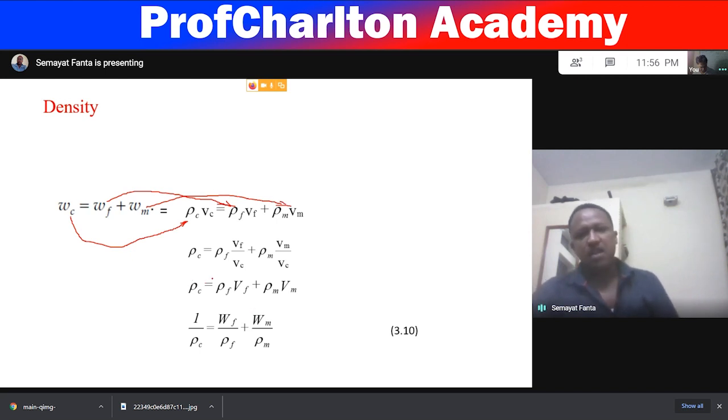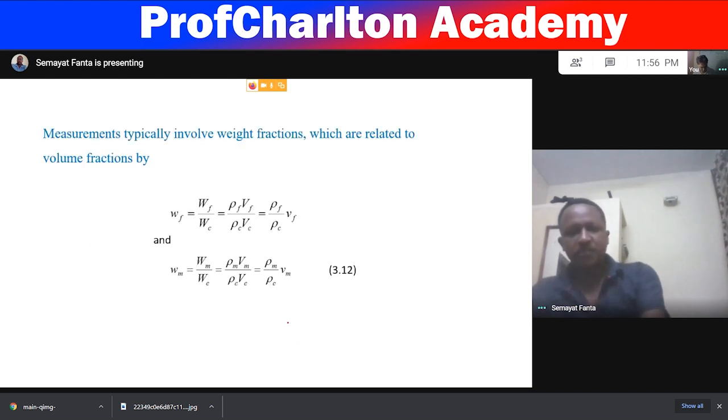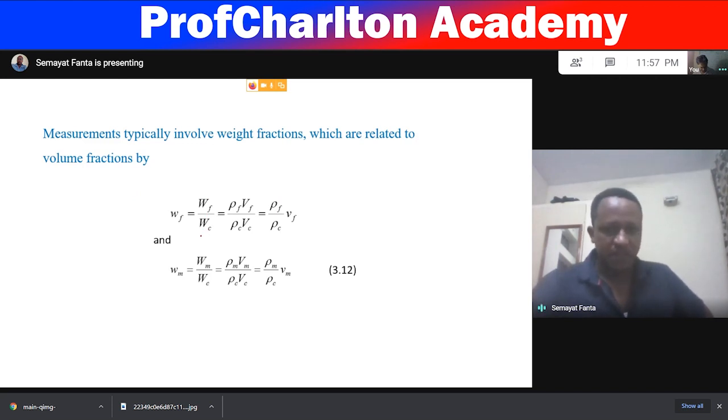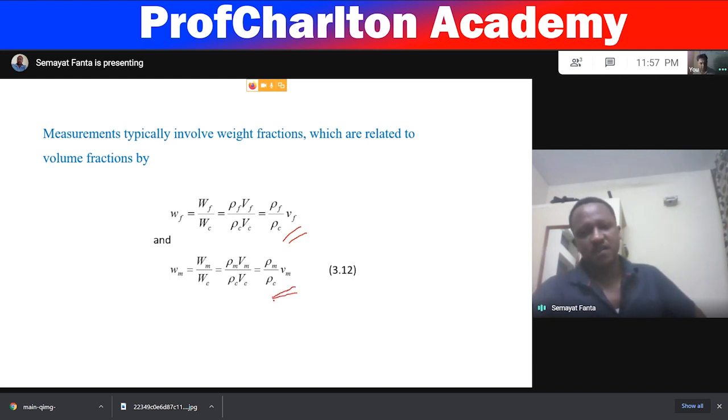So from this relation we can rearrange it, and we can find the density in terms of the weight fraction: 1 over density of composite is equal to the weight fraction of fiber over density of fiber plus the weight fraction of matrix over density of matrix. So this is weight fraction. And the weight fraction of fiber is equal to weight of fiber over weight of composite, which gives us like this. And the weight fraction of matrix is equal to, that is density of matrix over density of composite. In terms of density, we are representing it.